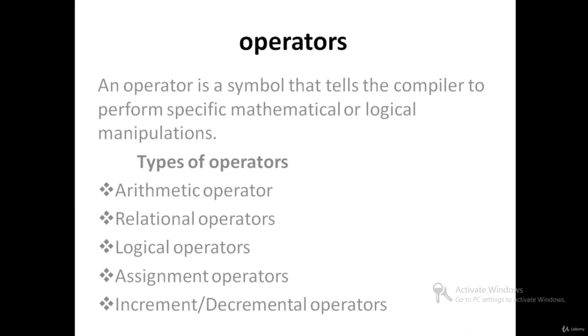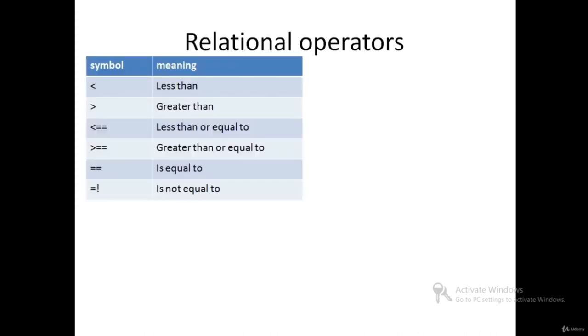So the symbols used in relational operators for comparisons are the greater than sign, less than sign, less than or equal sign, greater than or equal sign, equal to sign, and then not equal to sign.